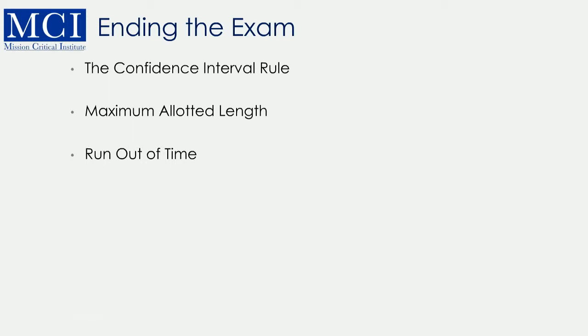The third way that an exam can end is running out of time. Now, this rule will apply if the other two rules don't get invoked first, and the exam will end when they've reached the maximum allowed time for the test, i.e. 3 hours, in which case the computer will examine the previous 75 scored questions, and if the candidate's estimated ability is above the passing standard, you pass.